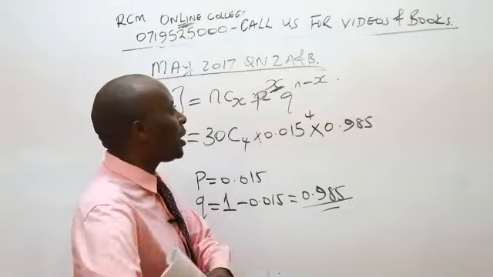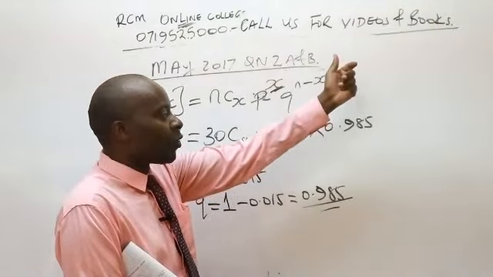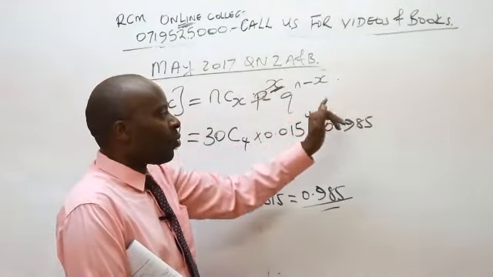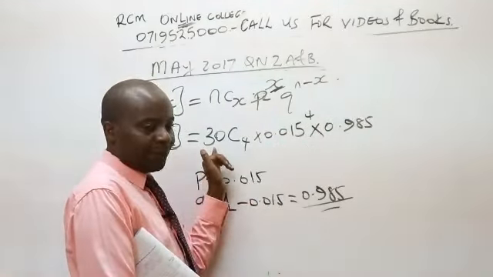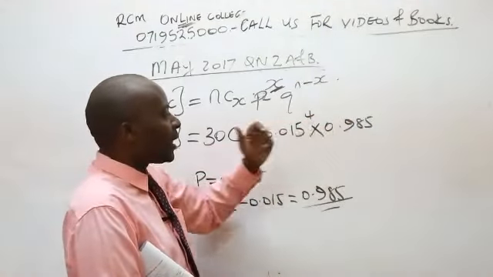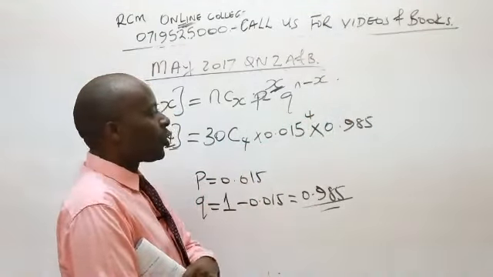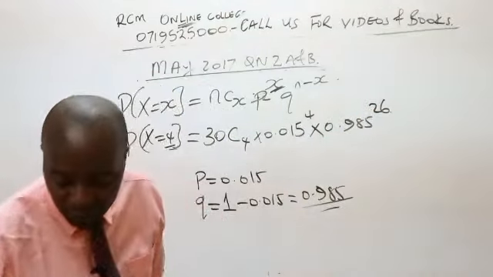The most important thing is for you to know that this power has to be complementary. The two powers added together must always add up to 30. So to get the new power, simply take 30 minus 4, which gives us 26.